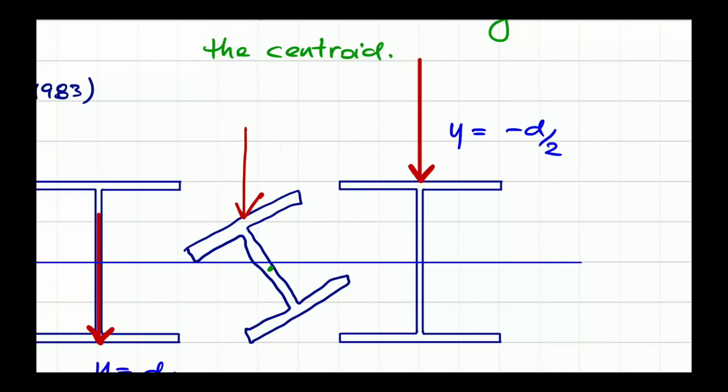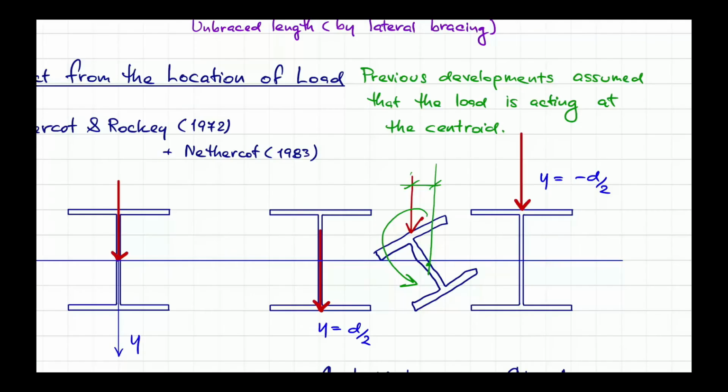So if we look at the centroid and we find this moment arm and you have this force, you find that force along this moment arm is going to produce the moment in the counterclockwise direction, and the beam is twisting in the counterclockwise direction beforehand.